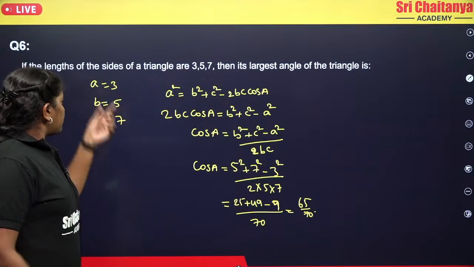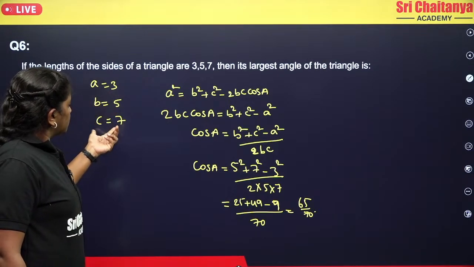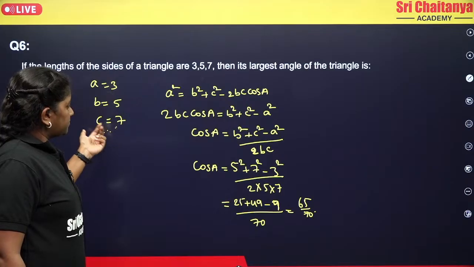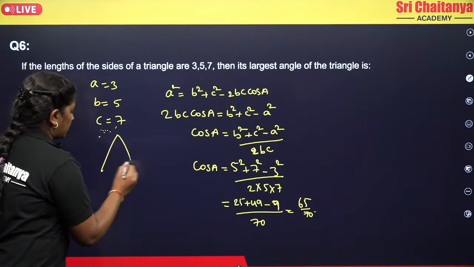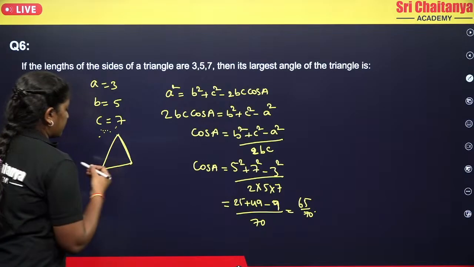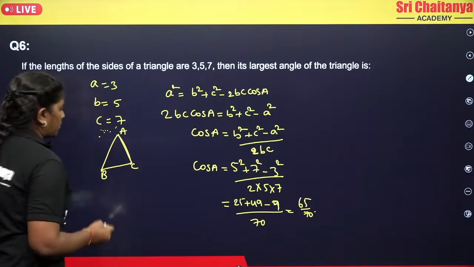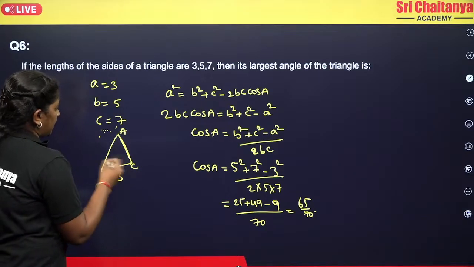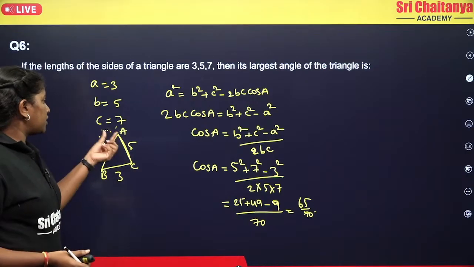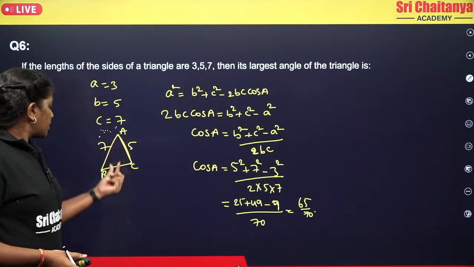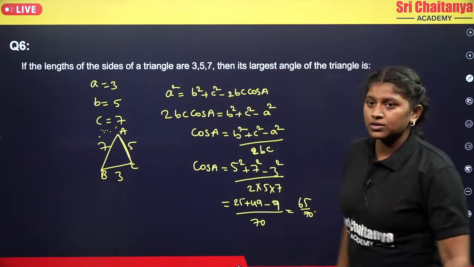So now coming here, actually the values we have to take according to the diagram. If I am taking my A, B and C, here it will be 3, and B will be 5 and C will be 7. So if you are finding your cos A, then A will be 3 and B will be 5. Now if you simplify that, you will get your cos value.